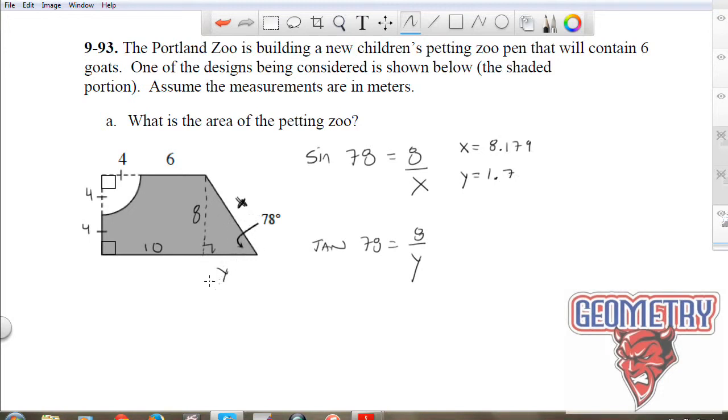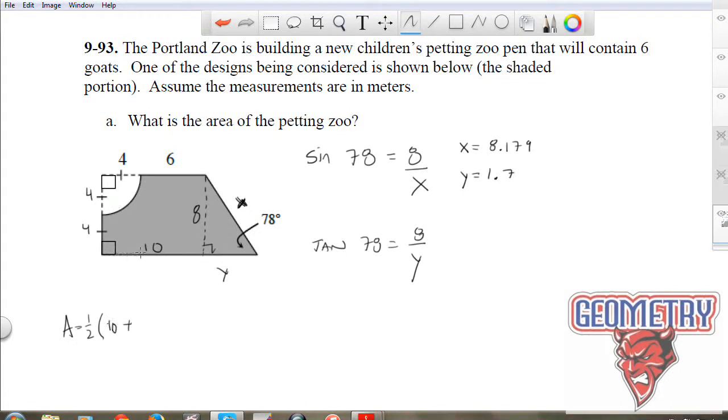I'm going to establish a plan of attack to find the area of this shaded region. I'm going to treat it like a trapezoid. So I have one base here, another entire base on top, and then I'm going to subtract out this quarter circle. So the area of a trapezoid is 1/2 the sum of the bases. This whole part on top is 10.